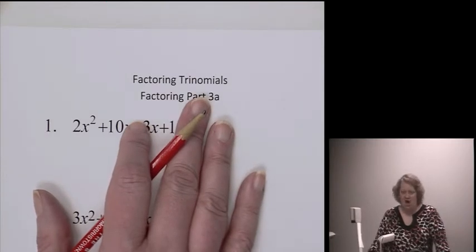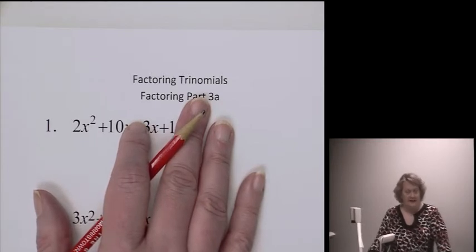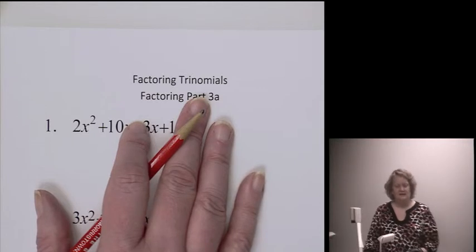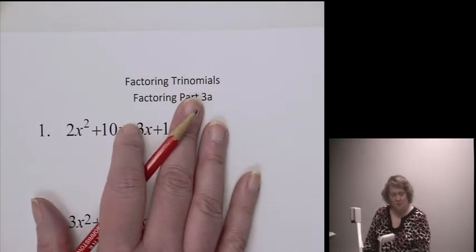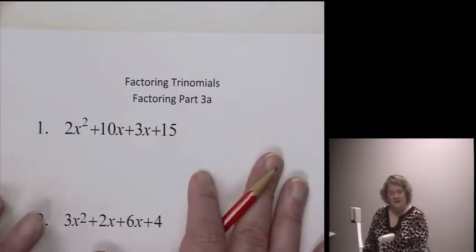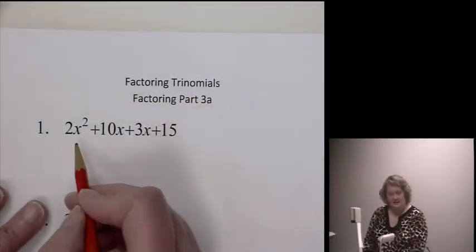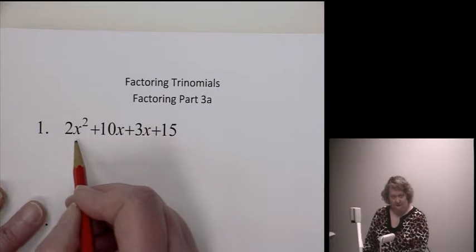If your teacher's not doing factoring by grouping, you may want to listen to part 4 of my lesson, which uses more trial and error. As I do this, let's look at this first example here.